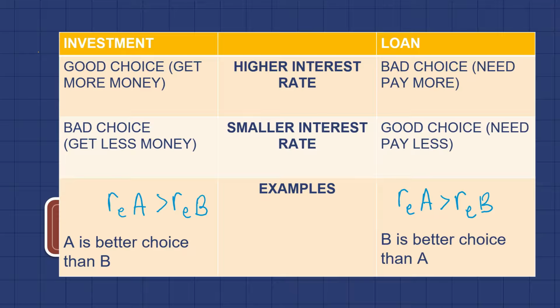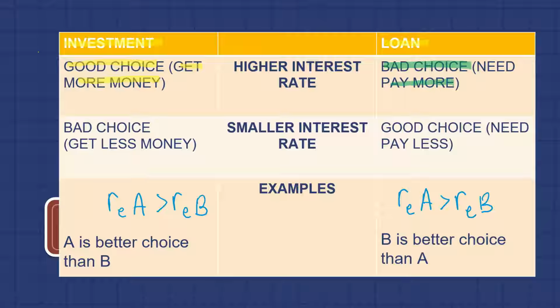Here is a quick summary about investment and also loan. If you can see here, if we compare investment and loan, if you are offered a higher interest rate for investment, it will be a good choice for you because you will get more money. But if you get a higher interest rate for a loan, it will be a bad choice for you because you need to pay more to the bank.